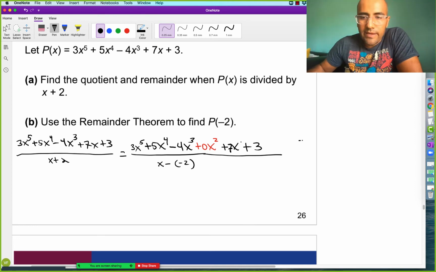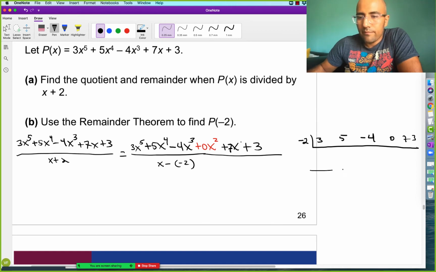And so we're going to put a minus 2 out here, and then all these coefficients: coefficient of 3, coefficient of 5, coefficient of -4, coefficient of 0, 7, and 3. Okay?